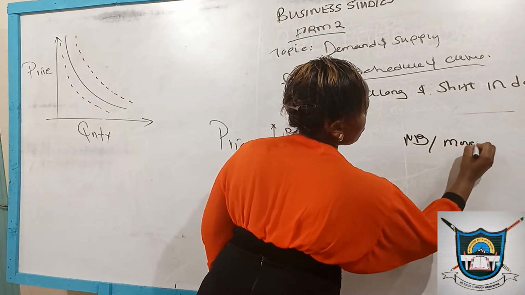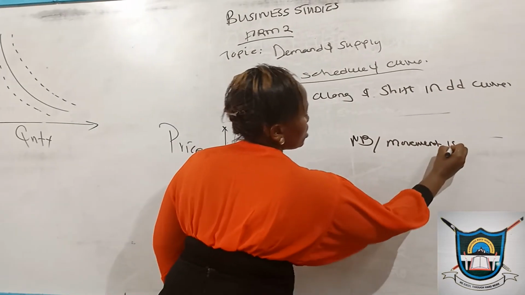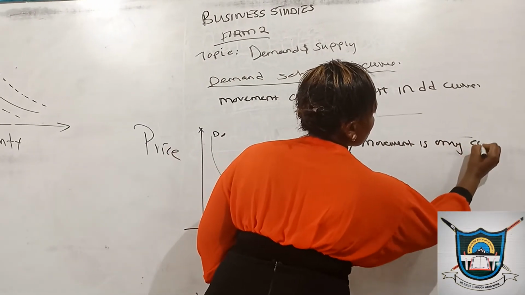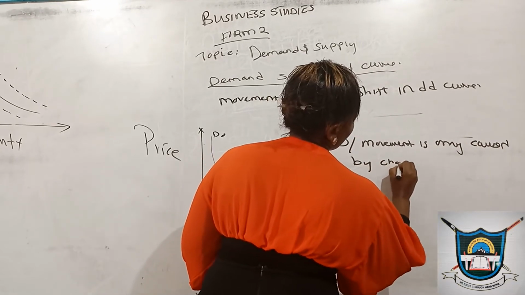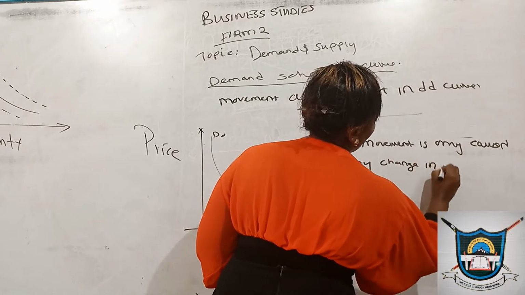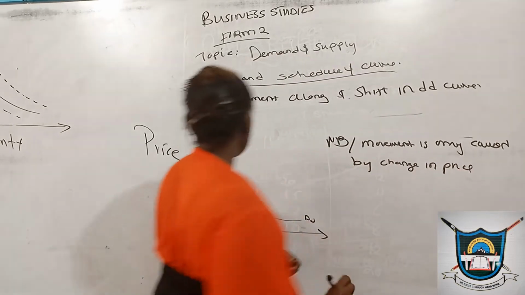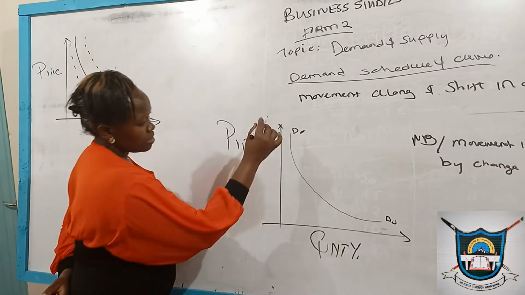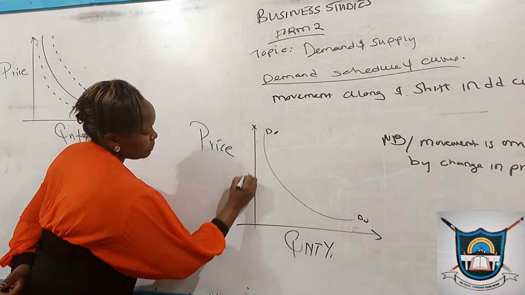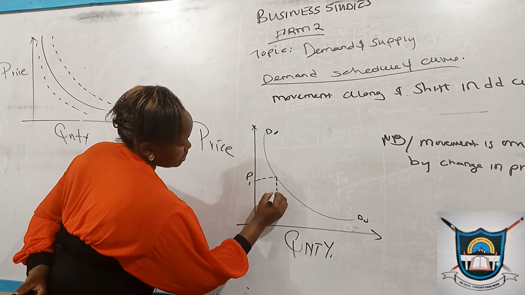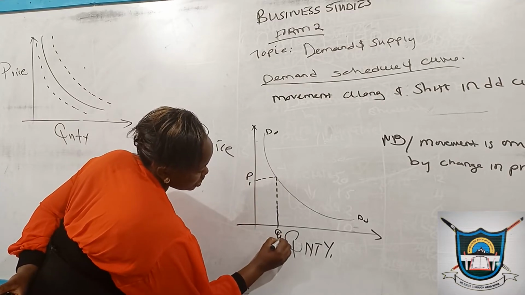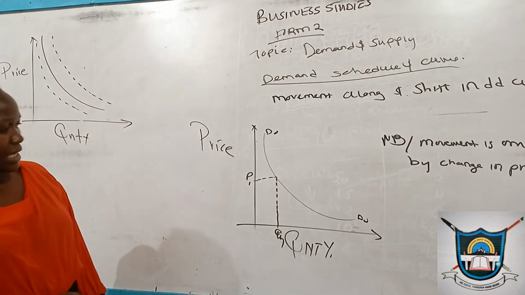So, NB, movement is only caused by change in price. Now, I'll give you an example. This is our demand curve. At price 1, this is the quantity that is demanded.